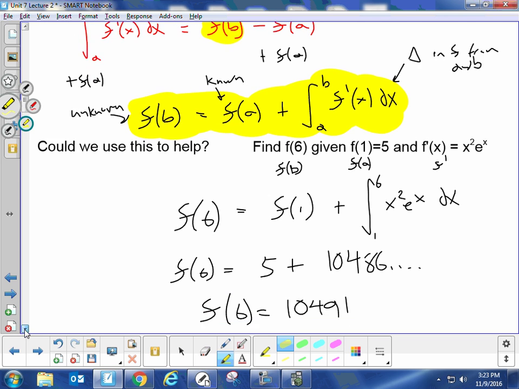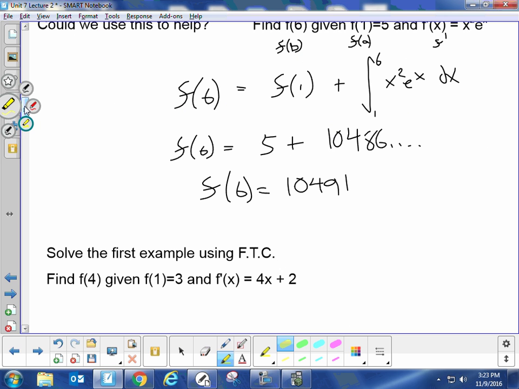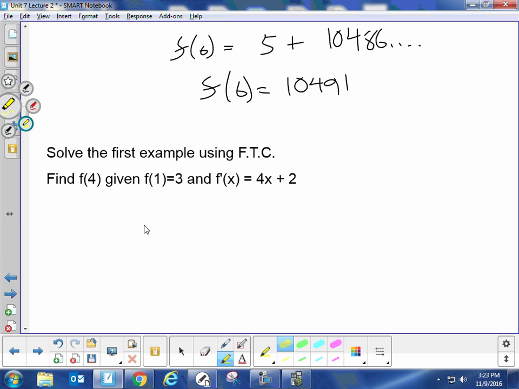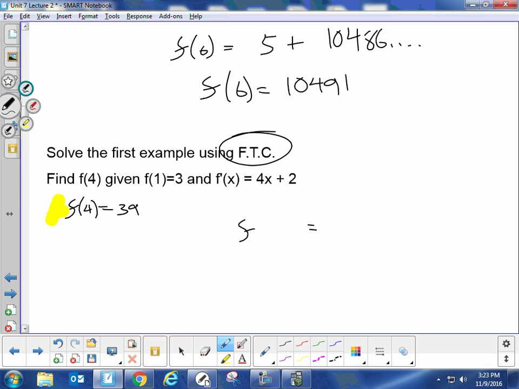Okay? So, we could have done the first example, which gave us that f of 4 was 39. Go ahead and confirm that f of 4 is 39 using this applied fundamental theorem of calculus, where we have an unknown, f of 4, equal to a known, f of 1, plus the change under f prime.